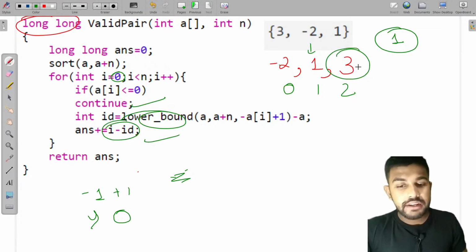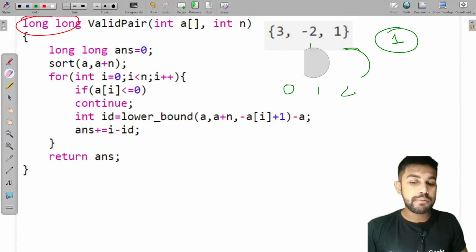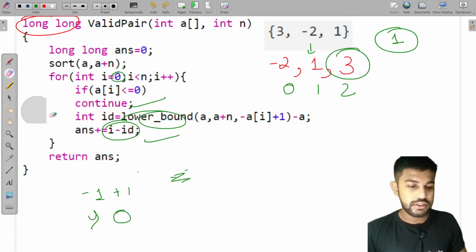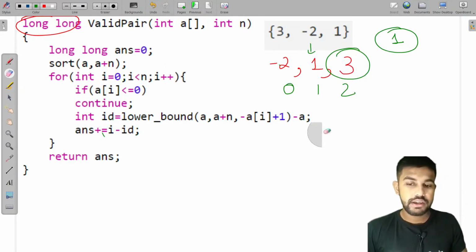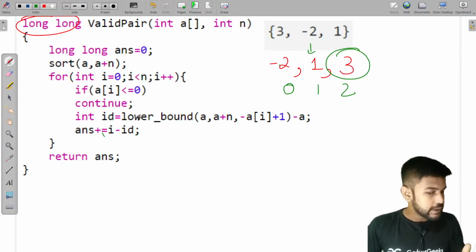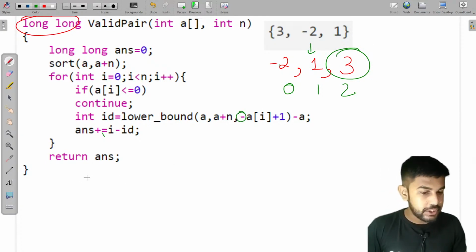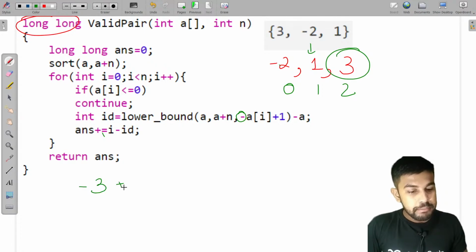Then 3. We have 3 here. Talking about this value 3, this value is positive, so we would first multiply it with the negative sign: -3 plus 1, that would be -2.